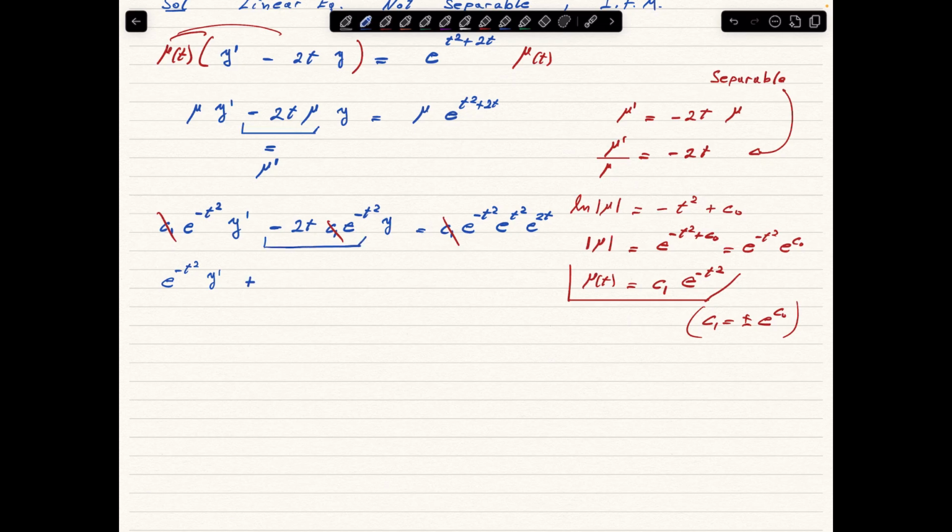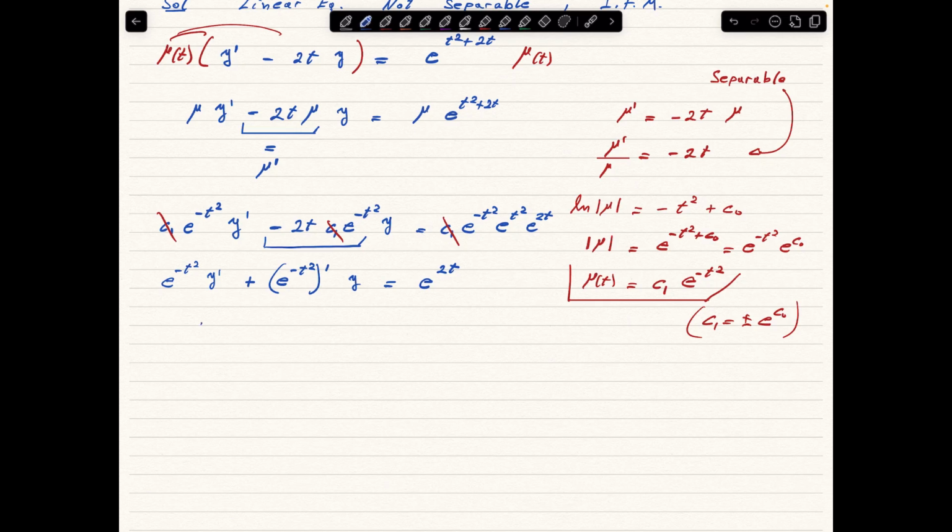All this is plus the derivative of exponential negative t squared. Compute the derivative, and you see you get what we have up there, times y. And over here the two exponentials cancel out, and we have only exponential 2t.